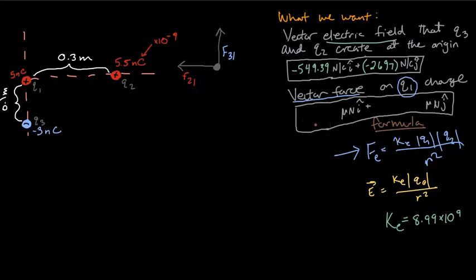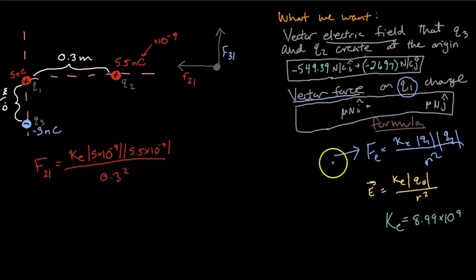And we can just start plugging our stuff into the equations real quick. So we'll have our electric force of 2 on 1 equals our Coulomb constant times our charge 1, which is 5 times 10 to the negative 9 times the magnitude of our second charge, which for 2 on 1 is 5.5 times 10 to the negative 9, and then we divide it all by r squared, which is the perpendicular distance between the two charged particles, which is 0.3, and then we square that.